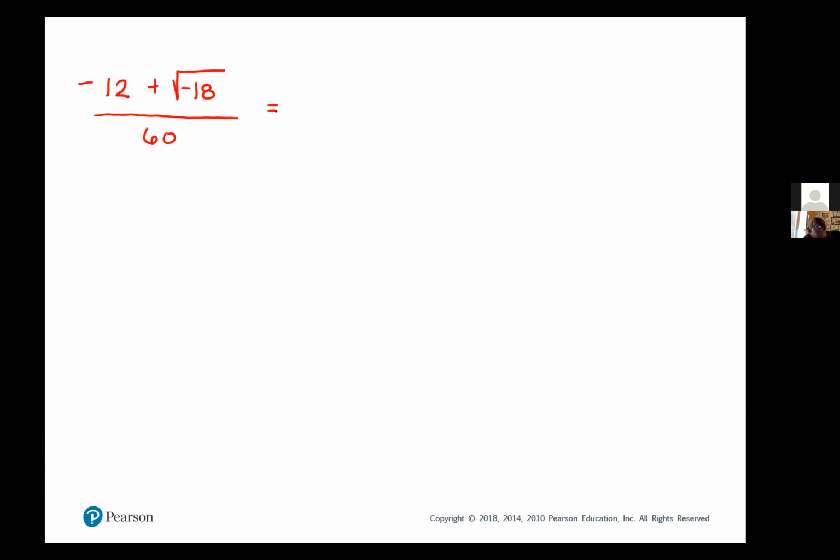is to look at the thing under the square root symbol, the negative 18. Just look at the 18. Does 18 have a factor that's a perfect square?